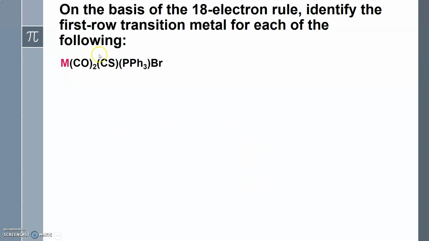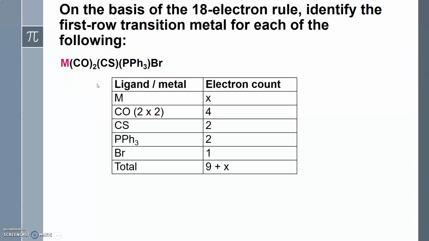Next problem, we'll do the electron count for this. The metal is X. There are 2 carbonyl groups, so 2 into 2, the electron count from the carbonyl groups is 4. CS is a ligand analogous to CO. This is the thio analog of CO, so the contribution is very similar to that of carbonyl. The contribution is 2. The next one is the phosphine ligand, triphenylphosphine.